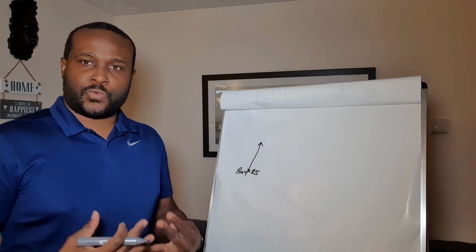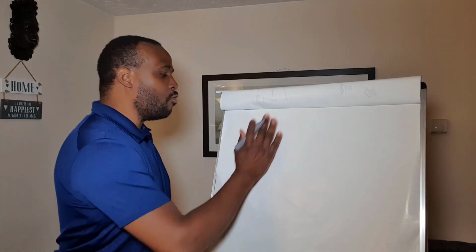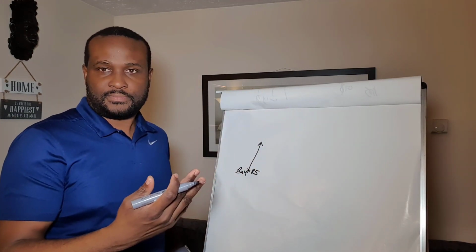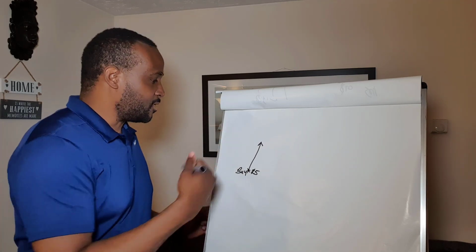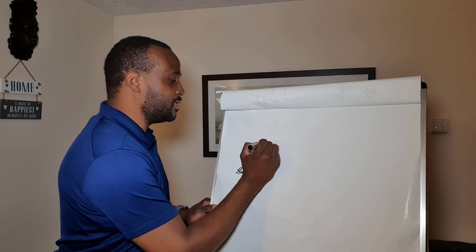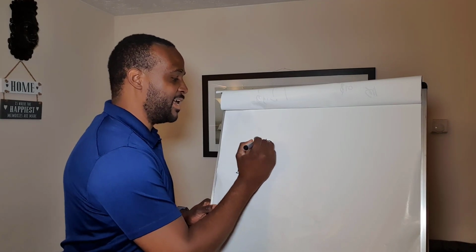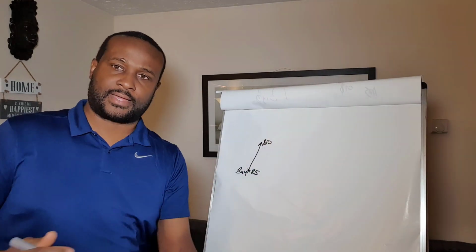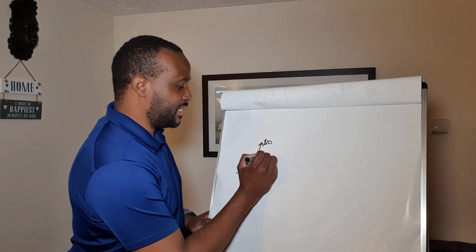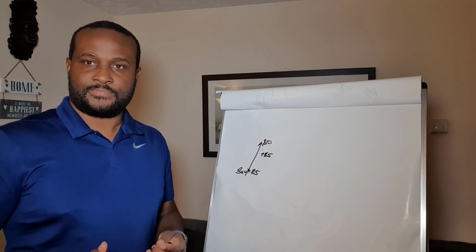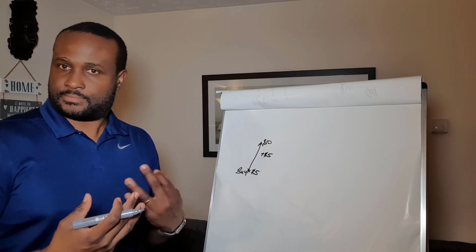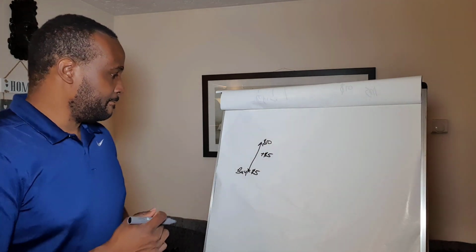My expectation when I buy is that price will go up above the $5. So anything above $5 is profit. And so let's say we get to $10 and I decide to then exit that trade. And then my profit becomes $5. That is easy to understand.